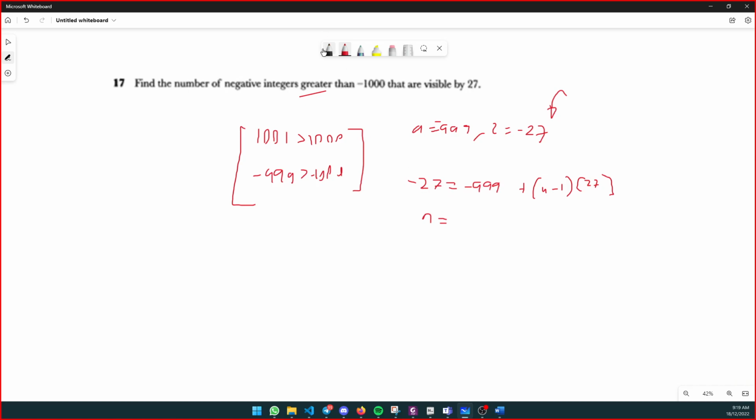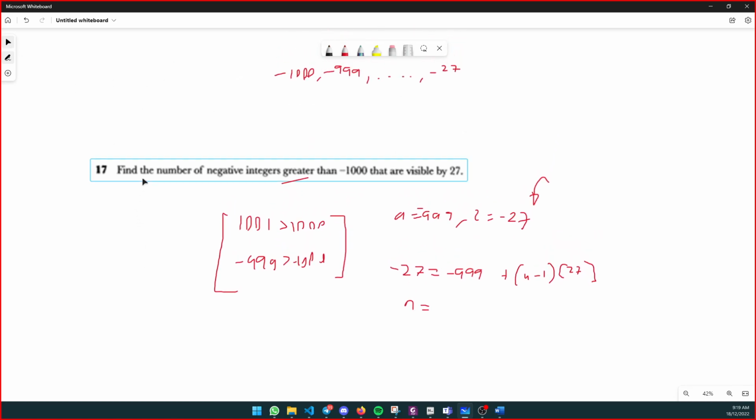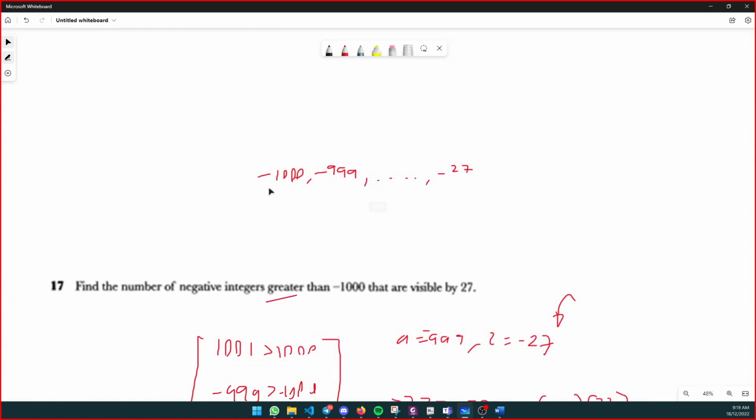Remember I mentioned just now, they asked to find the number of negative integers greater than negative 1000. So you start at negative 1000 and go until the closest value. But remember, the smallest negative integer is negative 1, and they want divisible by 27. The largest negative number divisible by 27 is negative 27 itself.